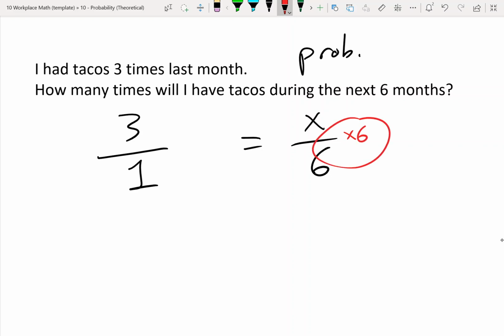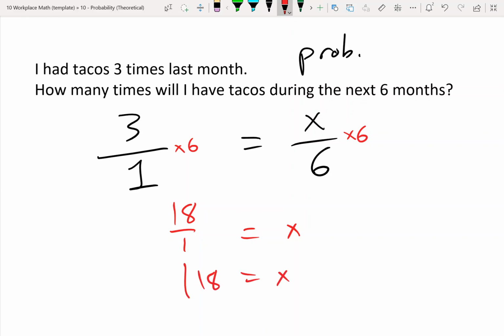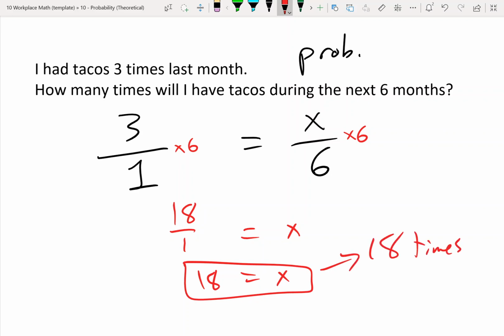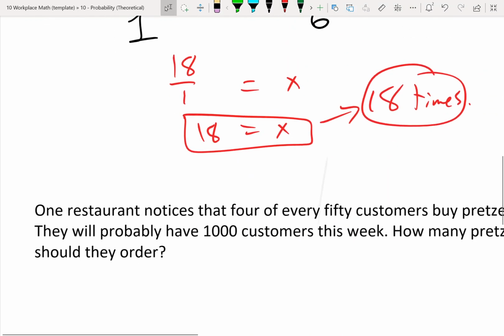If we do it to this side of the equation, we have to do it to this side too. So 3 times 6 becomes 18 over 1. So 18 divided by 1 is just 18. So this means during the next 6 months, I will probably have tacos 18 times. Now, are there factors that might influence that? Of course. But using the information we had here, we can make this prediction.